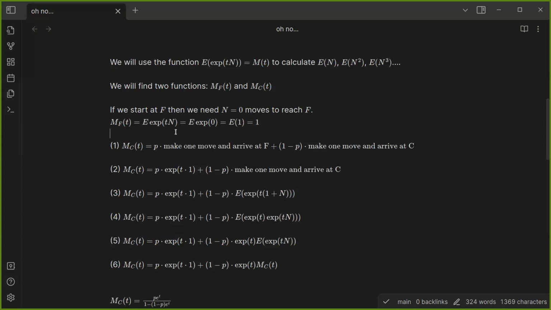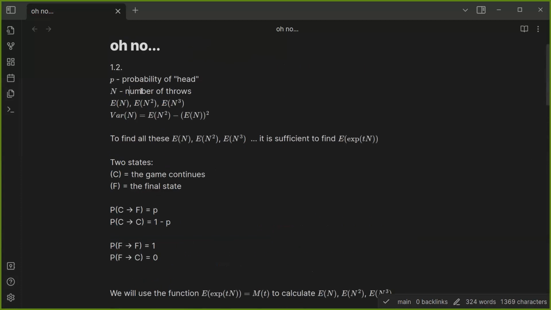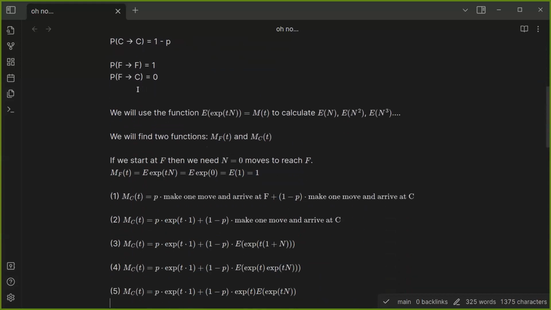If you start from state C and at the first throw you finish the game, what is the value of n in this case? If you finish the game in one throw, what is the value of n? Not 0. N is the total number of throws, so if you finish the game in one throw, n is equal to 1.